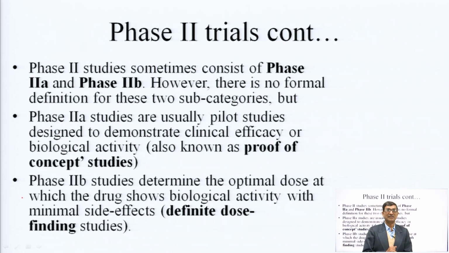Phase 2 studies sometimes consist of phase 2A and phase 2B. That means in some studies phase 2 is divided into two classes, phase 2A and phase 2B. However, there is no formal definition for these two subcategories, but in simple words we can say phase 2A studies are usually pilot studies.